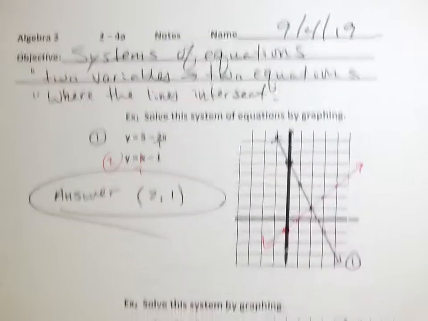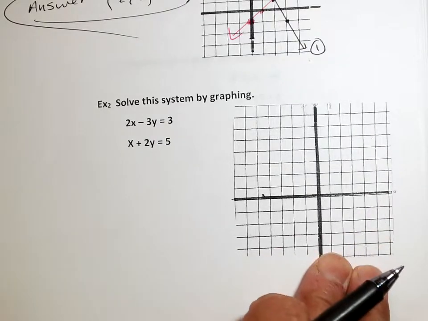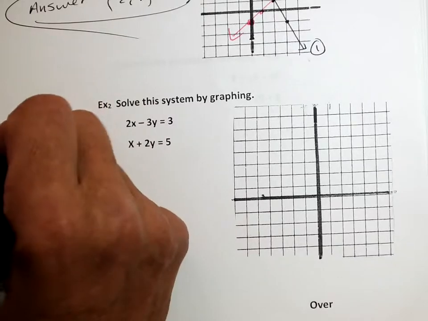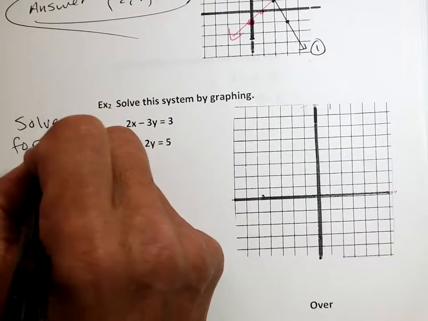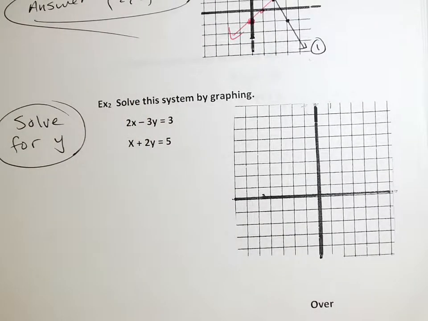Okay, slide up to example 2. Solve the system by graphing. So what I need to do is solve for y in both, so I can graph it, so I have the slope and y-intercept.